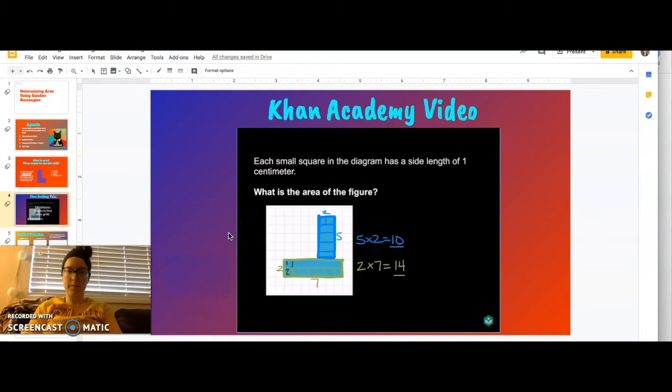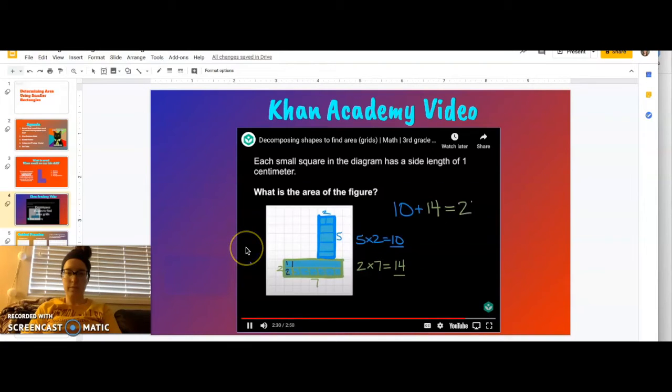So this top rectangle here that we have in blue covers 10 square centimeters, plus the bottom rectangle that we outlined in green covers 14 square centimeters. So in total, the entire figure covers 24 square centimeters.